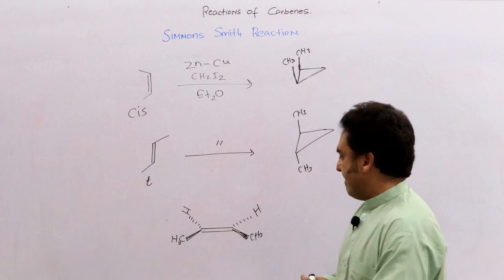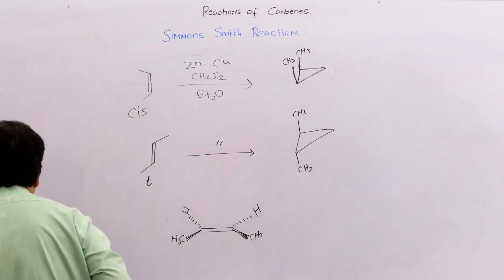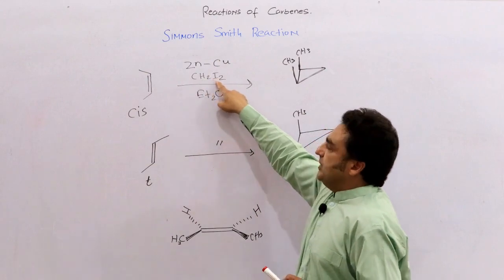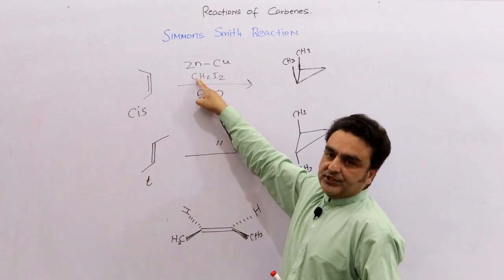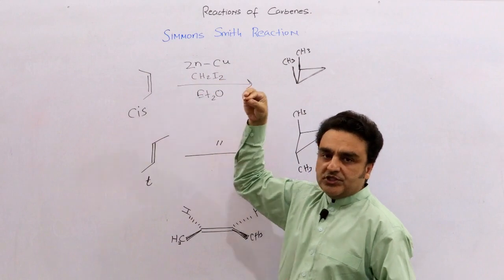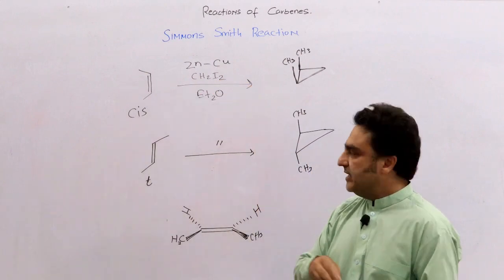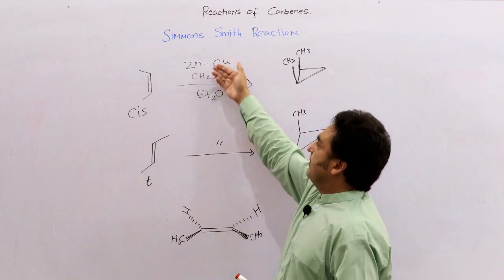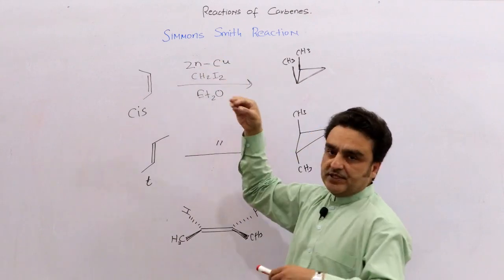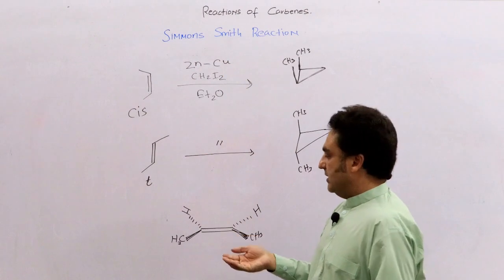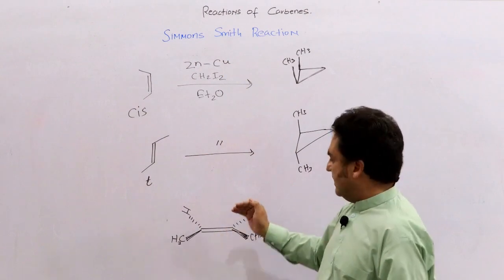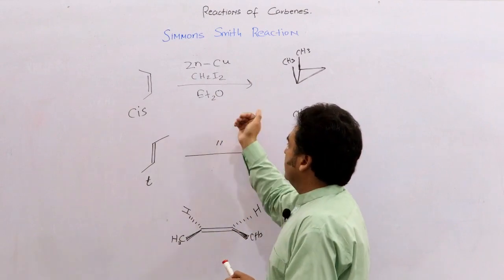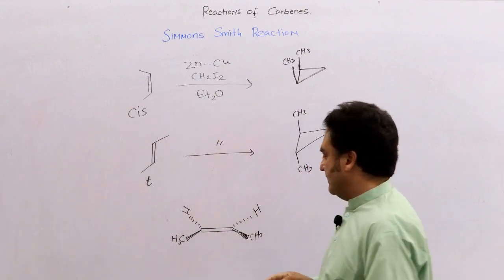Now let me write it. This CH2I2 is the actual reagent. This CH2 is delivered as a carbene, and a cyclopropane ring is produced. The zinc metal helps in the delivery of the CH2 to the alkene, and this diethyl ether is used as a solvent.